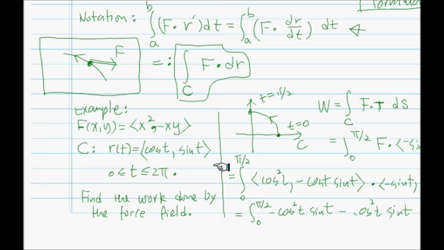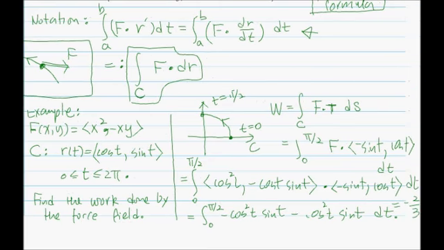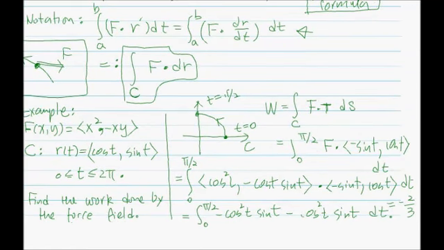If I skip the calculation, it turns out this quantity is negative 2 over 3. What that means is that, in total, this force field is not helping us move this particle from t equals 0 to t equals pi over 2. The contribution from this field when we're doing this work is negative, so it's not helping.